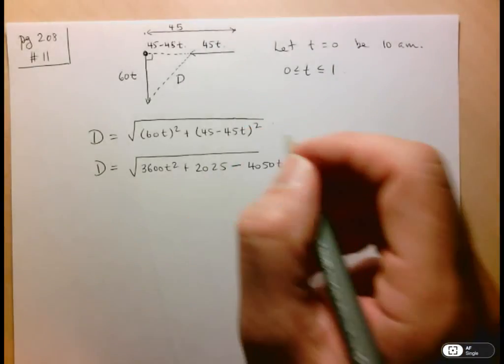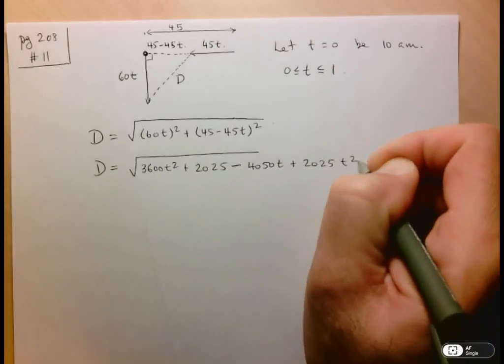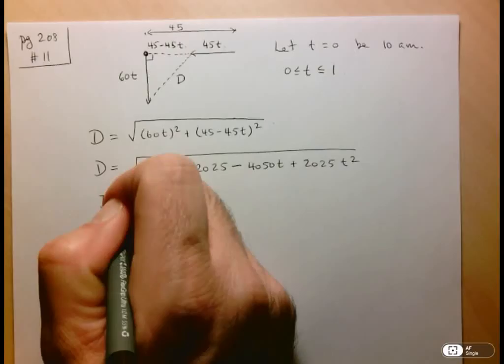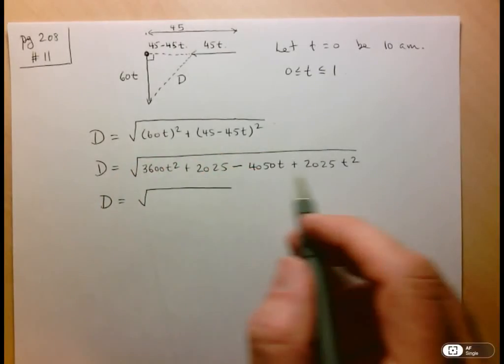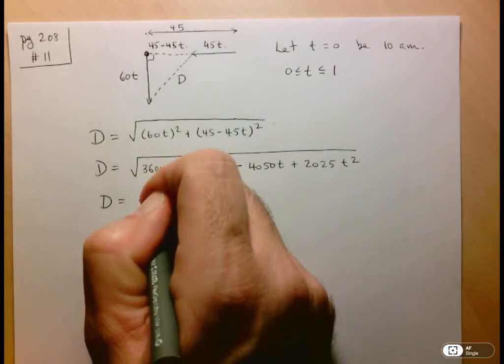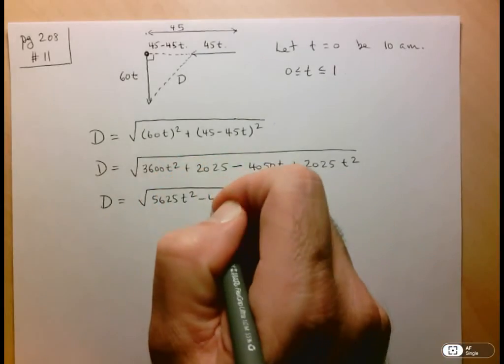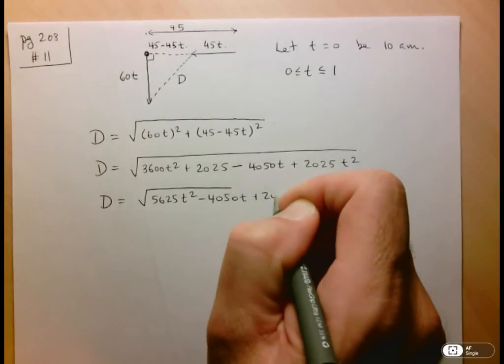Plus (45t) all squared, so that's going to be 2025t squared. Let's bring all the like terms together. Here we've got 3600 plus 2025 is 5625. So 5625t squared minus 4050t plus 2025.